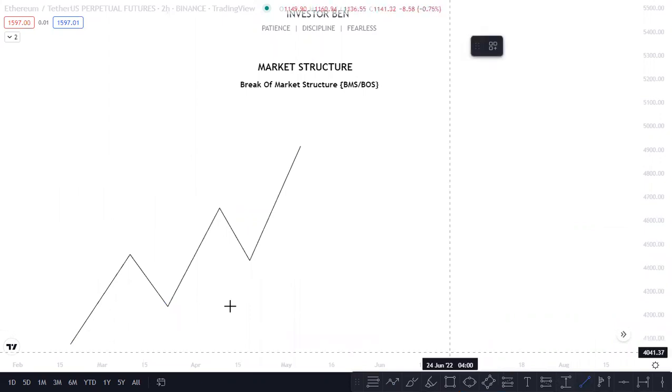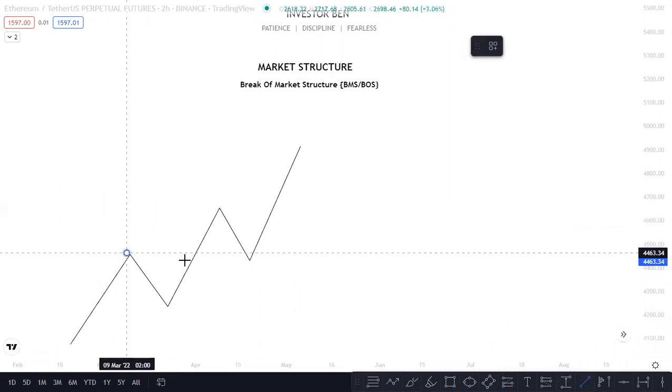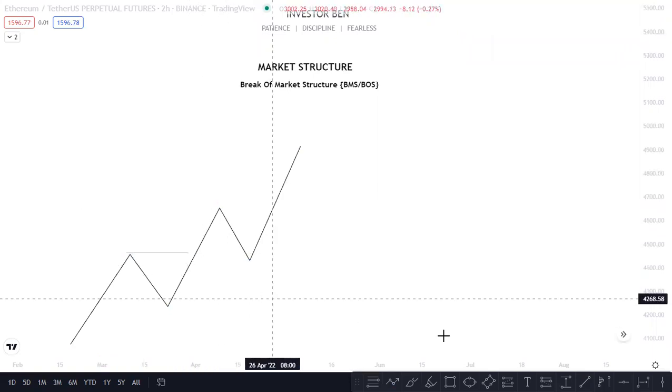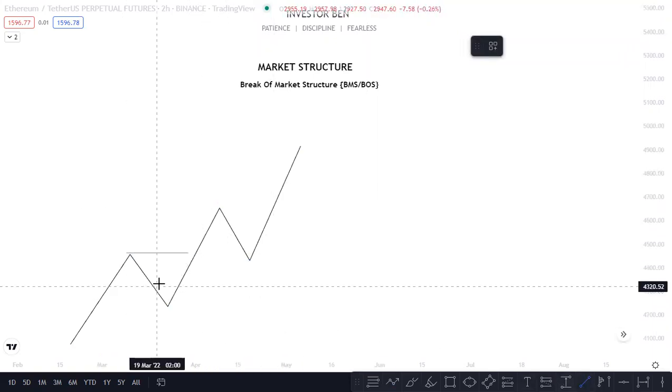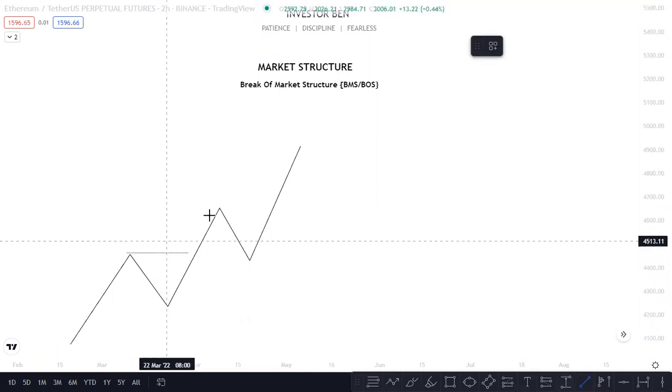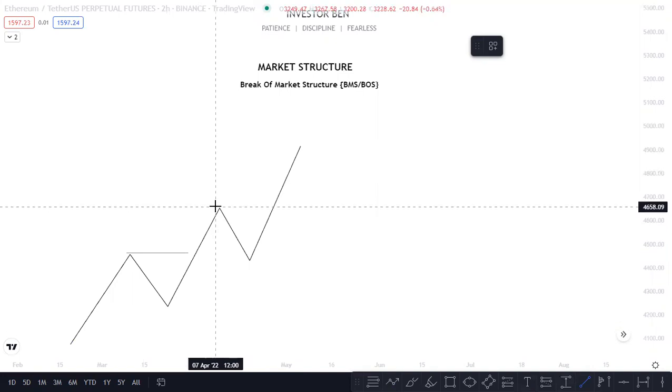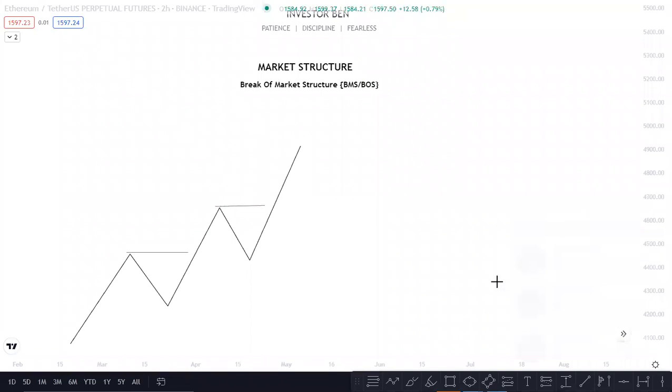And what occurred at this point was that price broke out of this high to create a new higher high. As price continues to break the previous high to create another newly formed high, price is forming a BOS. At all these points, BOS is present.